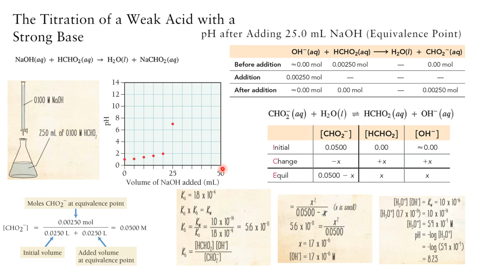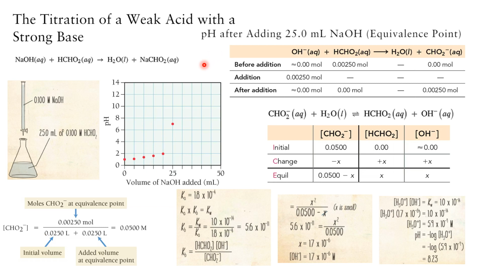All right, now we're at the equivalence point. And what happens at the equivalence point? Remember what I said. At the equivalence point, all of your acid is consumed. It's gone. All of the base that you added at 25 milliliters, right? We said 25 milliliters is the equivalence point in this case.